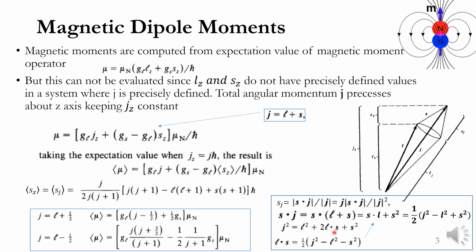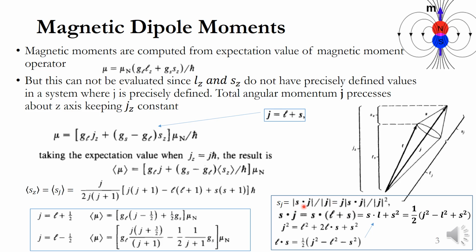Now this S dot L can be replaced. Squaring J is equal to L plus S, we get J square is equal to L square plus 2 L dot S plus S square, so that L dot S will be 1 by 2 into J square minus L square minus S square. Substituting here L dot S plus S square, we get 1 by 2 into J square minus L square plus S square.